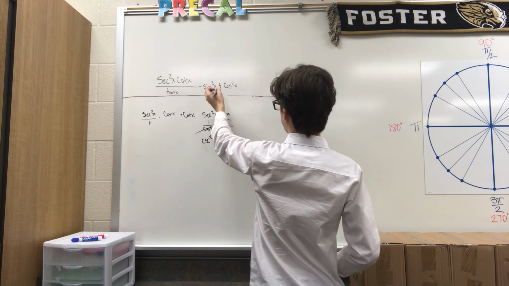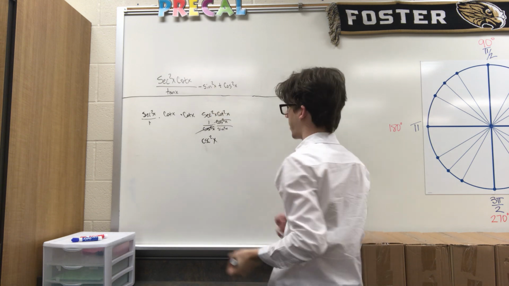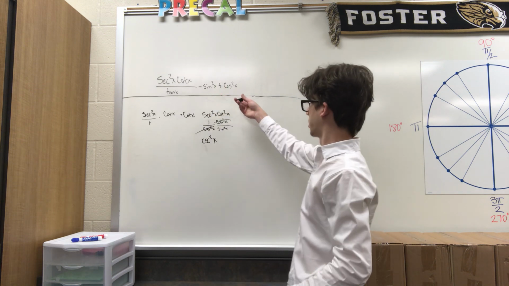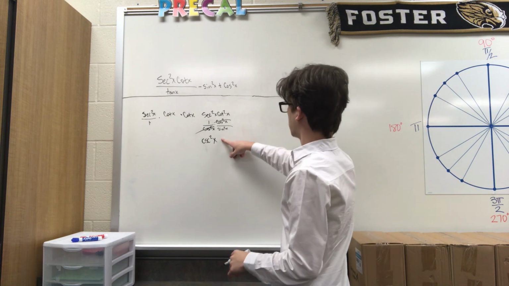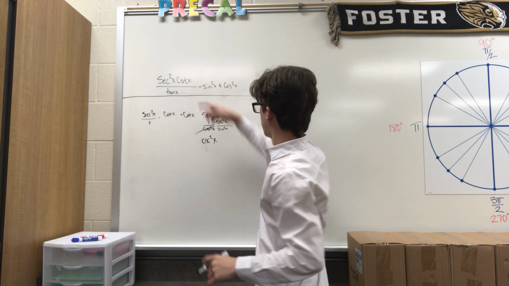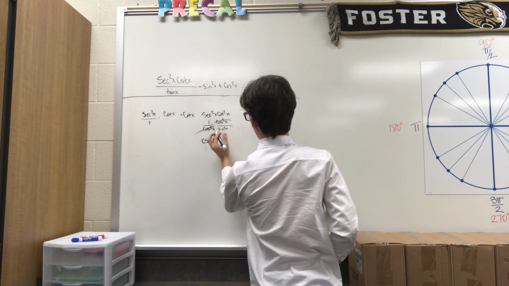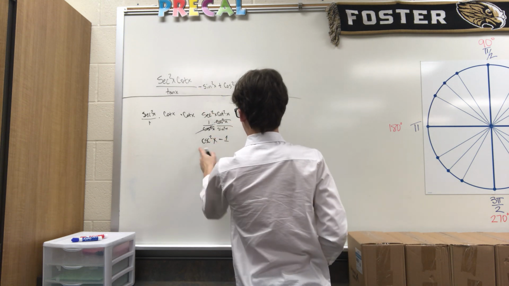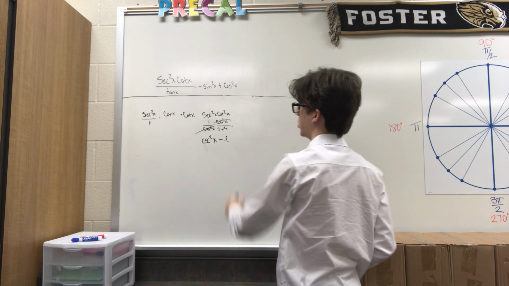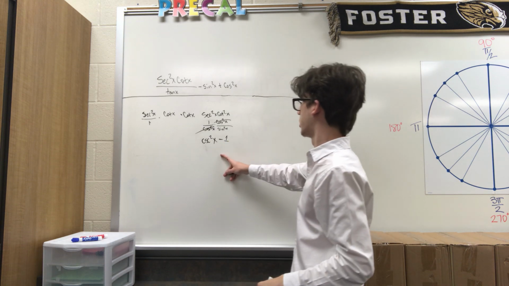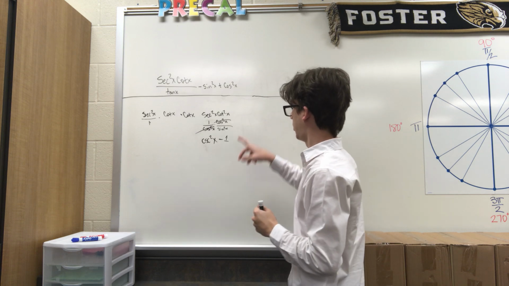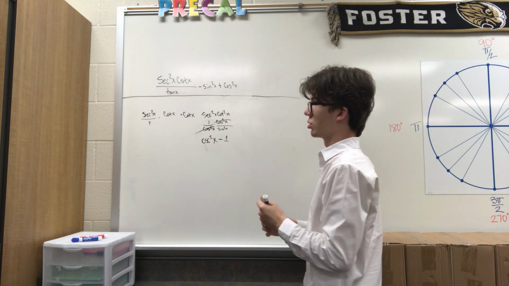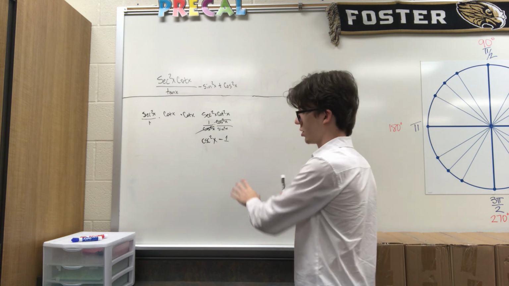And now we have to deal with this part, which is a Pythagorean identity: sine squared plus cosine squared equals 1. And we can't just put plus 1, we have to remember to bring this negative sign down as well. So we have cosecant squared minus 1, which is again the same Pythagorean identity: cotangent squared plus 1 equals cosecant squared.